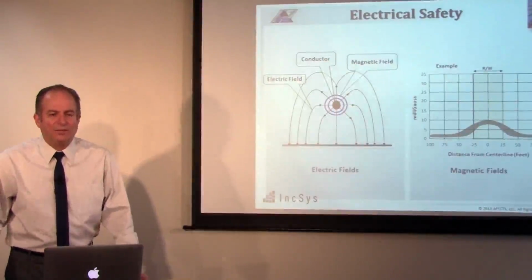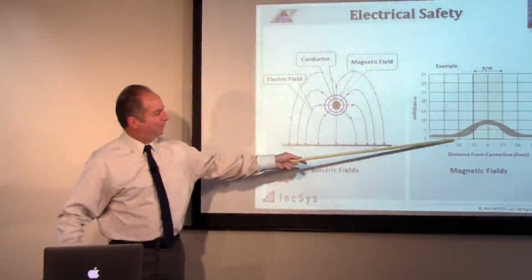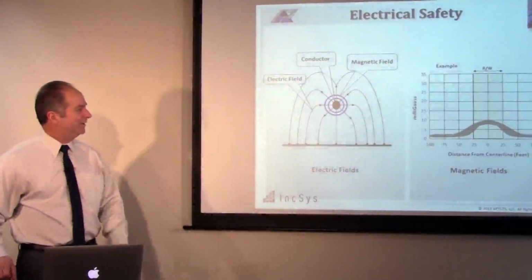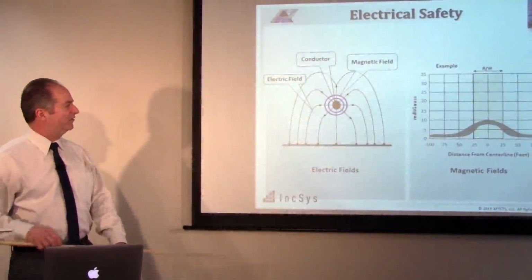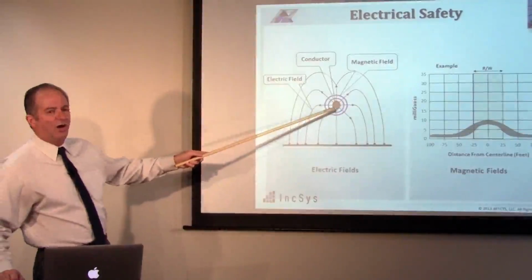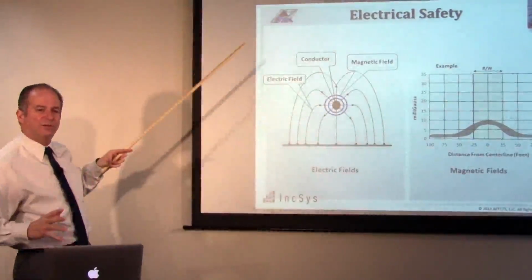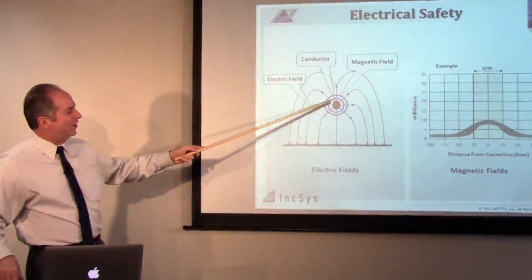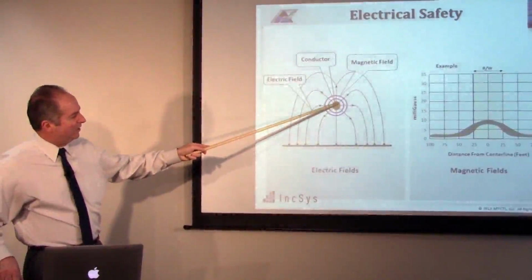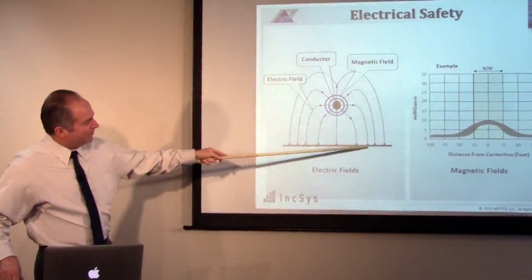But when it comes to underground, that's what this other one here shows: magnetic fields from the center of the right-of-way, underground systems compared to overhead. The basic theory with electric and magnetic fields is, as you recall, when there's a current flowing through a conductor, it creates rings of magnetic field. But the electric field always has to be perpendicular to the surfaces. So if you have an electric field at a certain high voltage, it has to end up perpendicular to the ground.